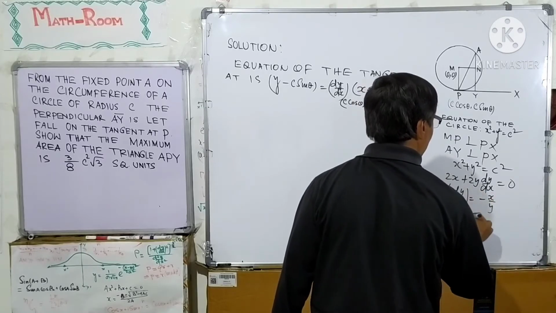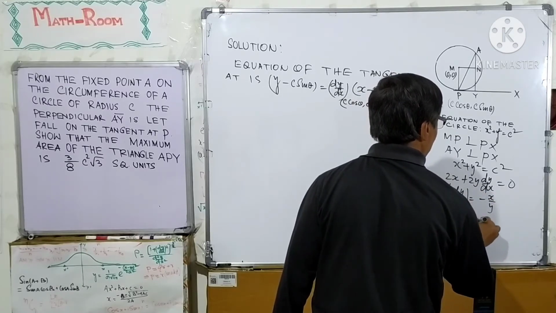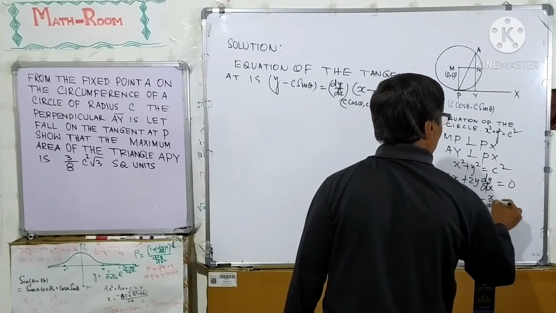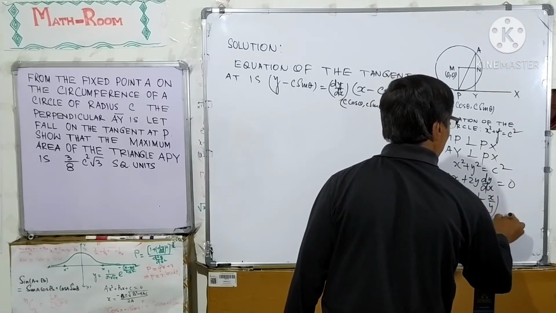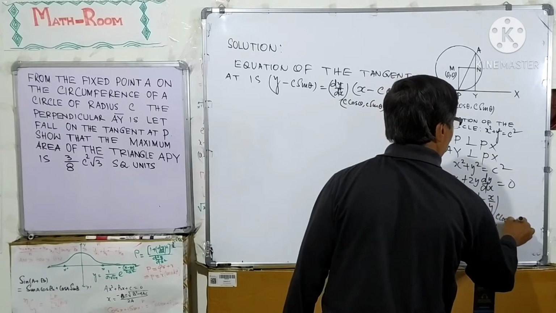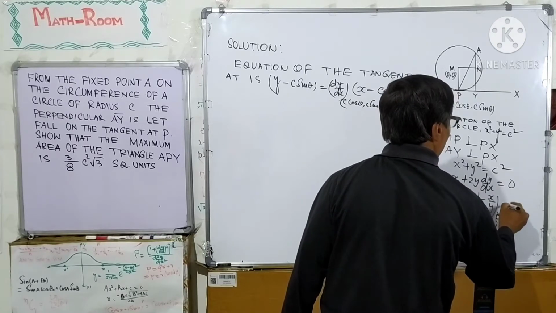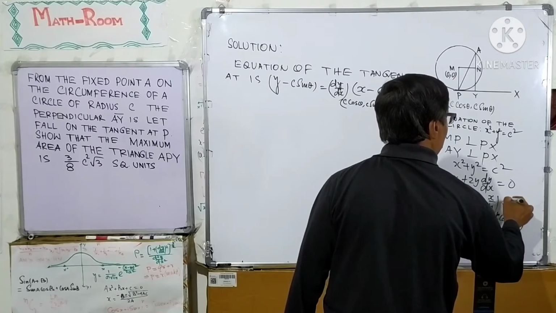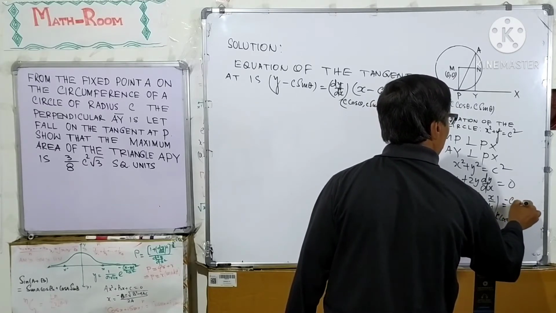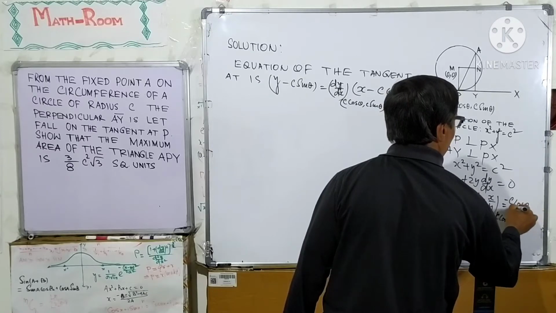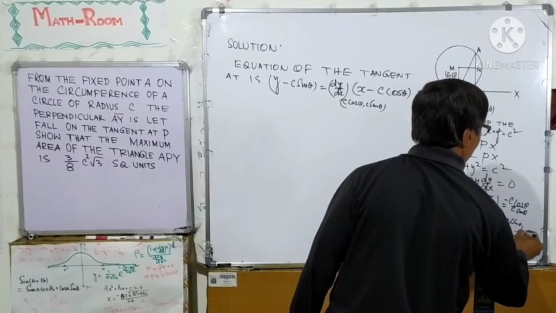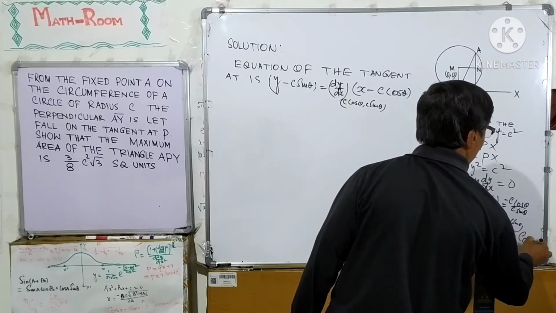At the point (c cos theta, c sin theta), this equals minus c cos theta over c sin theta, which is equal to minus cot theta.